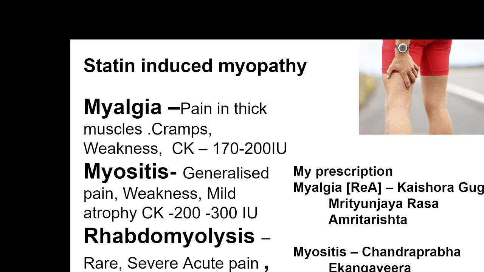Of course, rhabdomyolysis is very rare. Extreme muscle damage and renal damage occurring is an extremely rare phenomenon, which we may not see frequently. Now, statins are prescribed initially for the treatment of hypertension as well as maybe as a prophylaxis for lipid abnormality, hyperlipidemia.